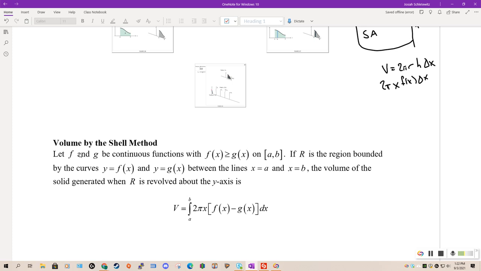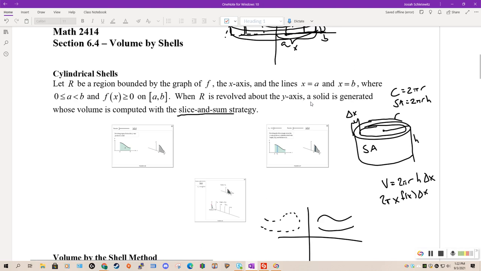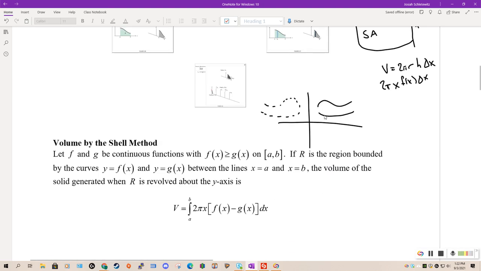So we'll have continuous functions here, and we'll go ahead and look at the shell method in general as well. So if we have, say, two different functions, like that, and we want to revolve about this other axis here. The only thing that changes from this example to what we saw before is the height of our cylinder. The height of the cylinder, instead of just being f of x, is going to be f of x minus g of x, where f of x is the top function and g of x is the bottom.